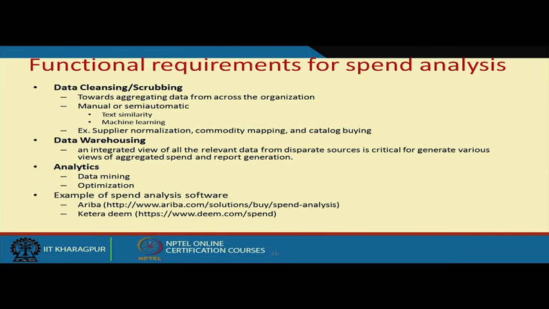By semi-automatic we mean we can integrate various techniques like text similarity, machine learning techniques, etc., along with a little manual effort to group this data. As I was telling you a few minutes back, the problem here is supplier normalization, commodity mapping and catalog buying, because people might be entering the data in a variety of ways.